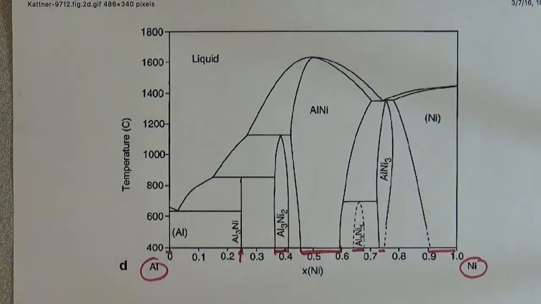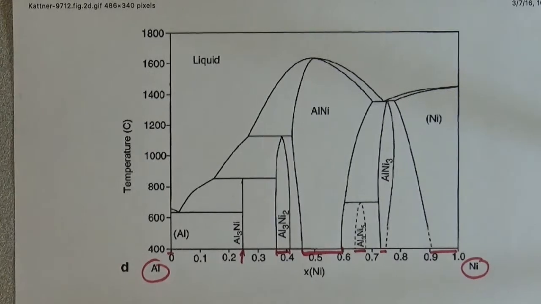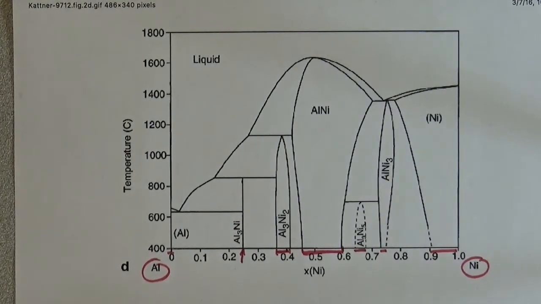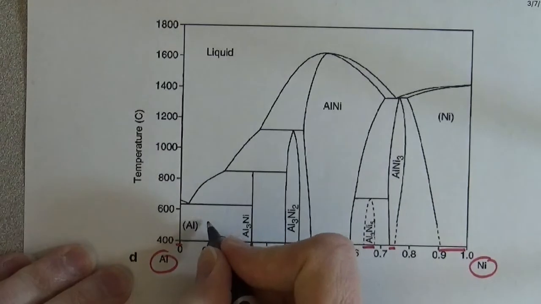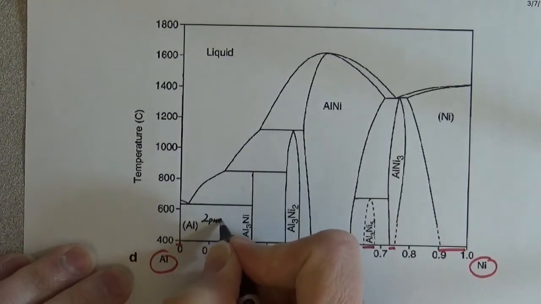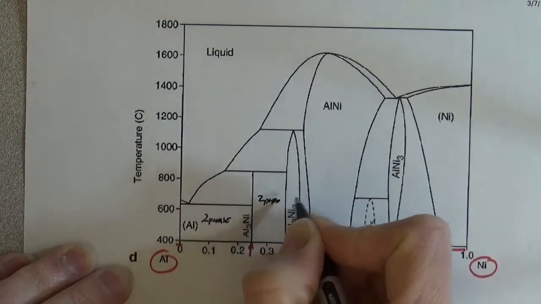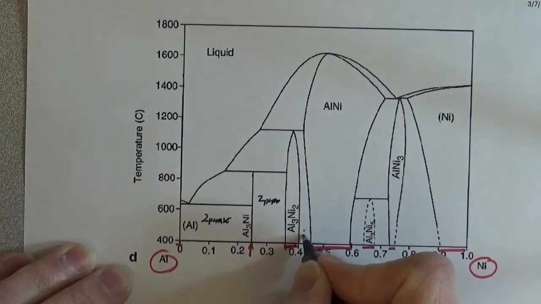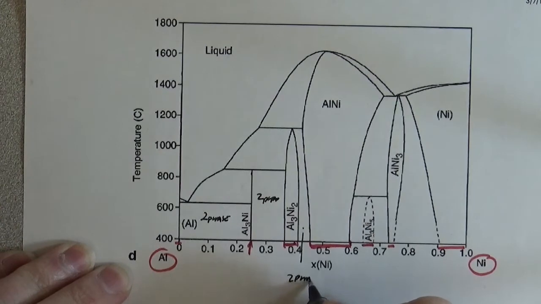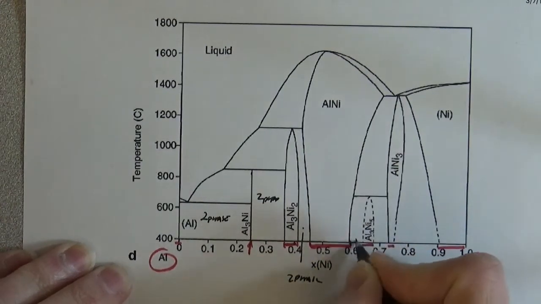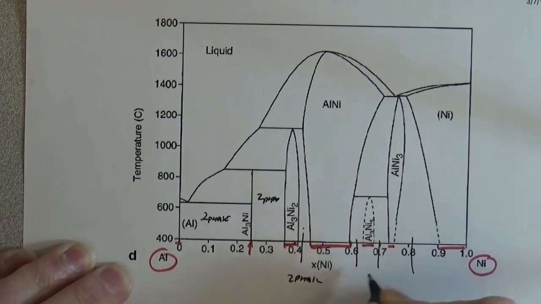So we've got single phases identified, which means that between those we have two-phase regions. Here, here, here.